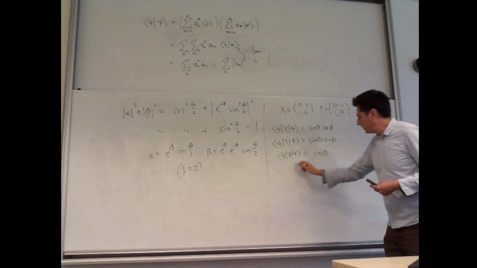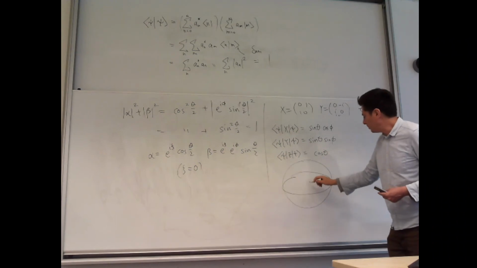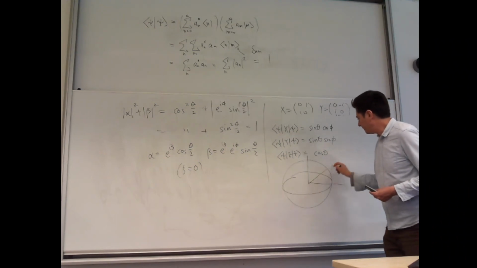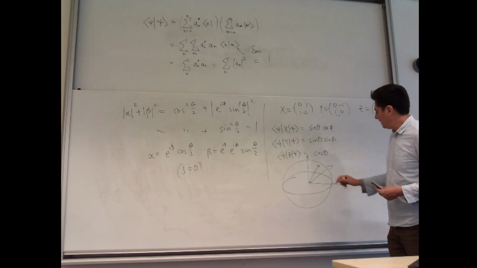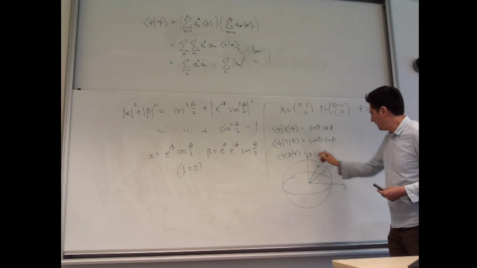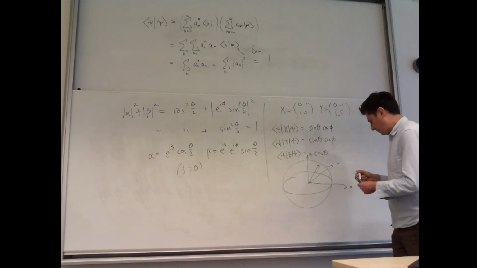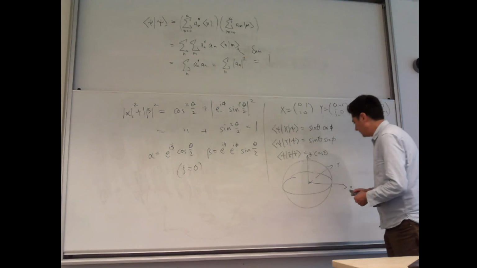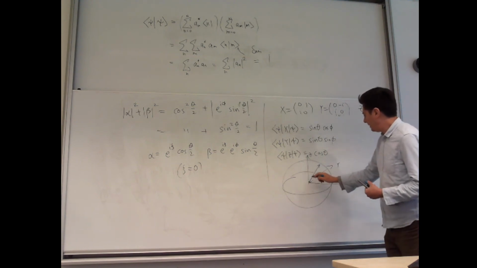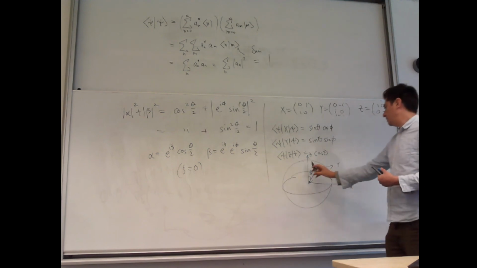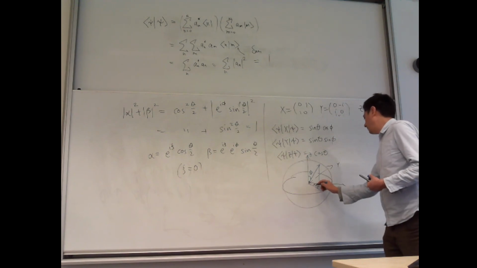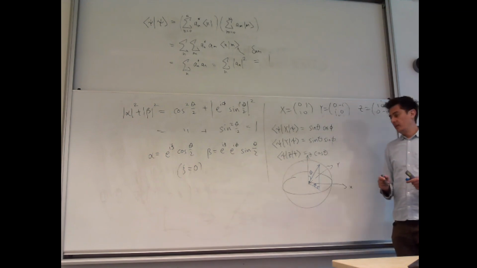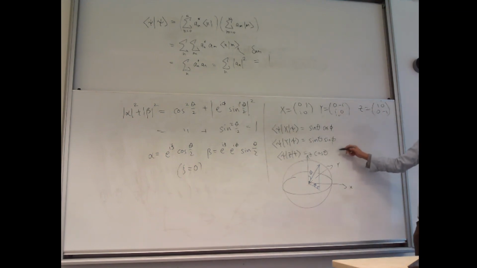So when you've got spherical coordinates like this, if you've got a vector pointing somewhere, this is z, this is x, this is y, and it's making an angle of theta with the z-axis, and then an angle of phi with the x-axis, then this is exactly the coordinates that you would get in the spherical coordinates.